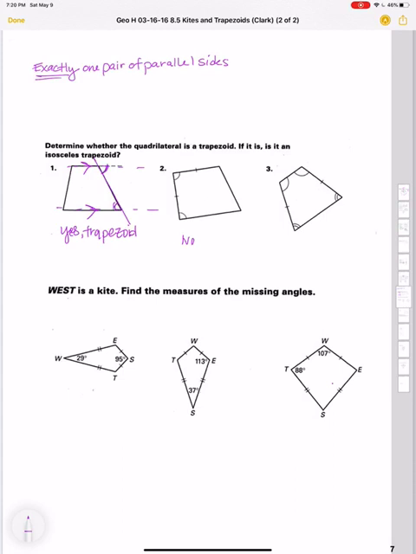Now this next one, we've got this angle is congruent to this one, and this one is congruent to that one. So this is a base, and this is a base. So whether you had this one on the bottom or flipped it and had that on the bottom, the base angles are congruent.